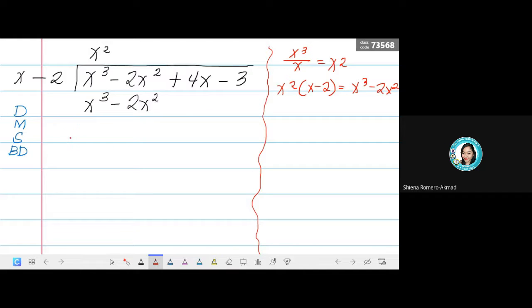Next, we will subtract. Change the sign. Proceed to addition. So this will be 0. 0 na yan. How about this one? Tama ba yung kopya natin?